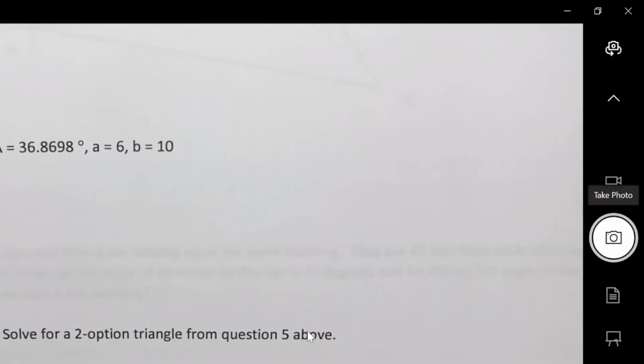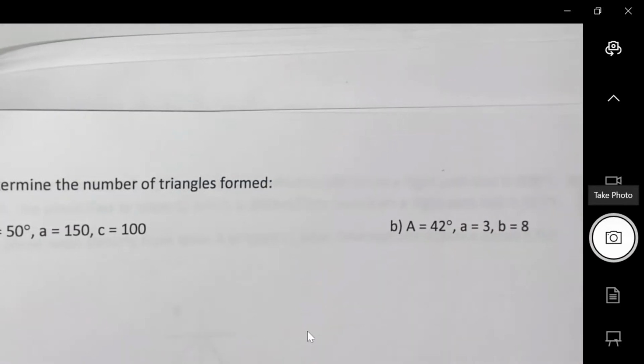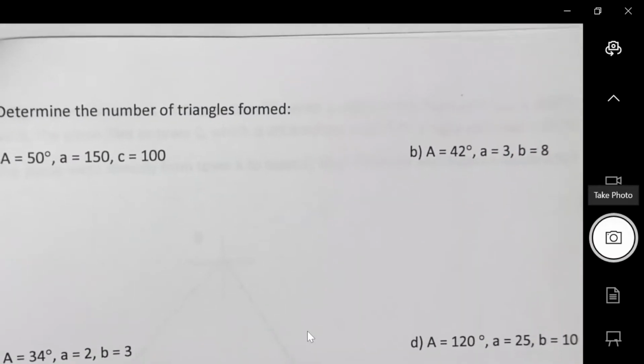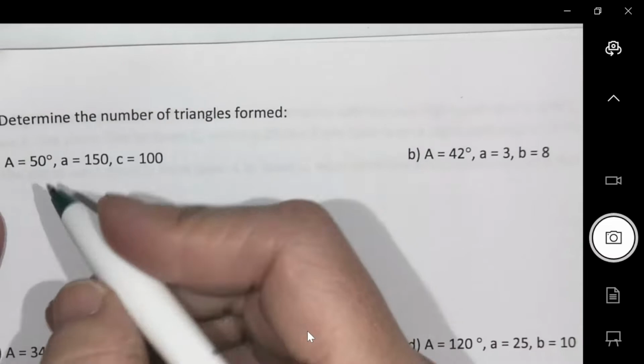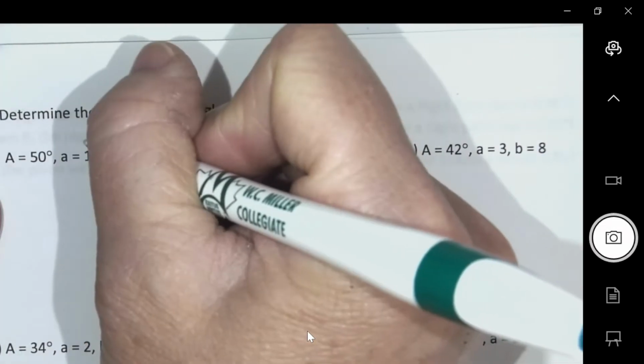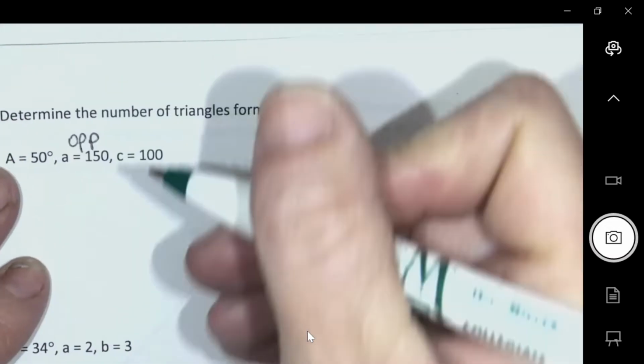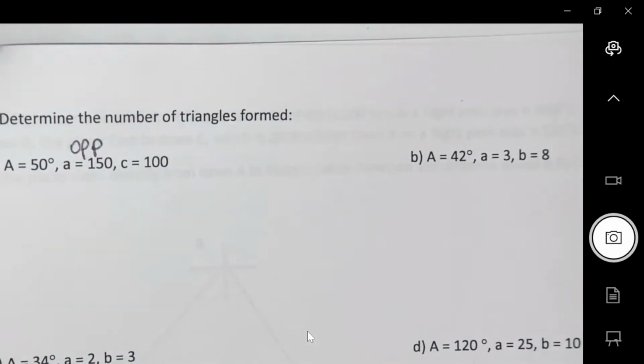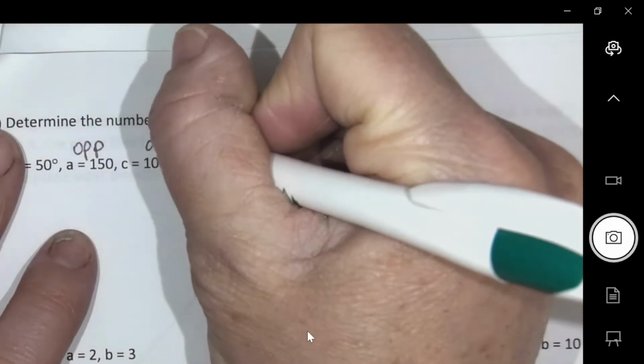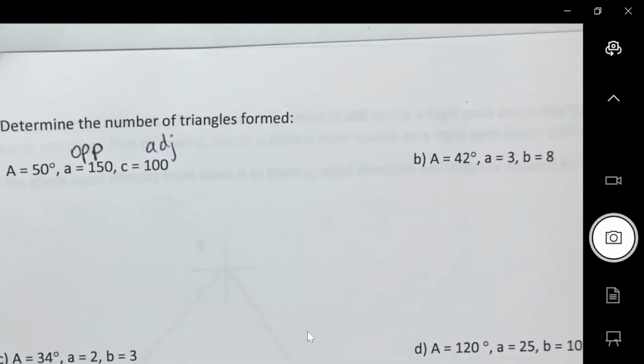Okay, let's talk about the ambiguous triangle. Okay, so here's what's going on. We have angle A and side A. So therefore, that's the opposite side, which means this is the adjacent side.